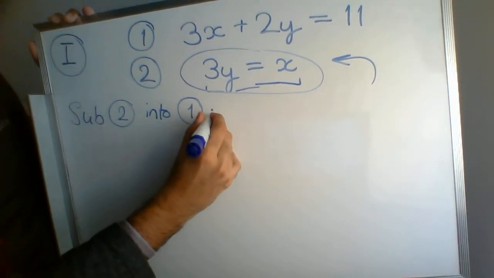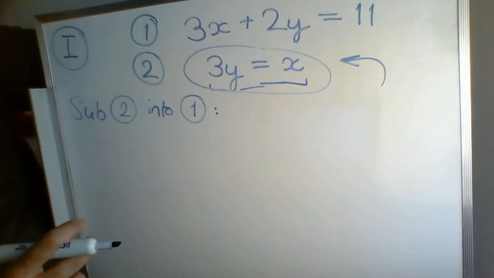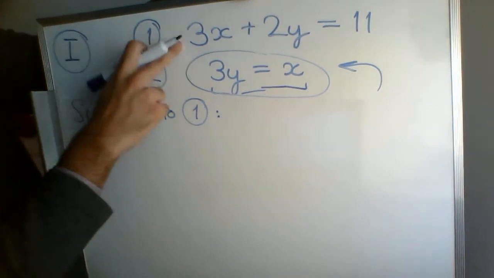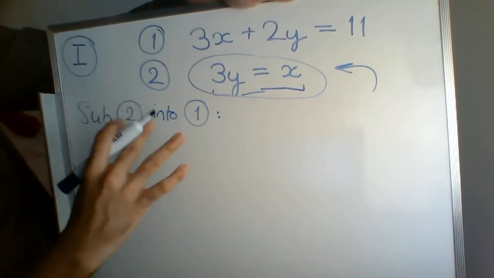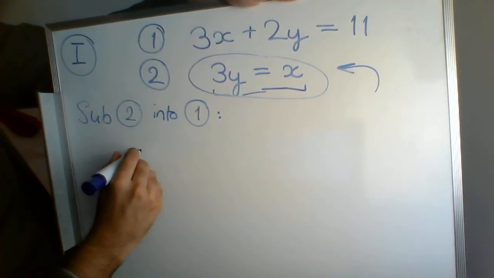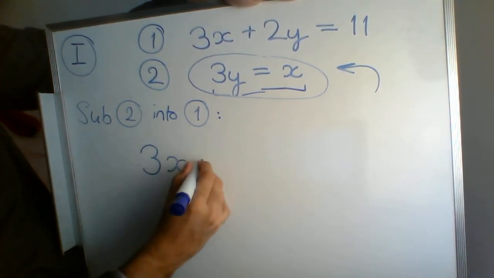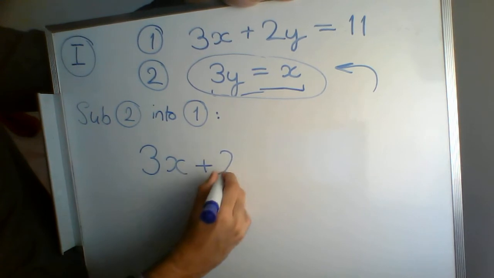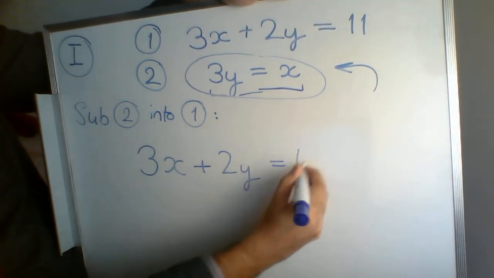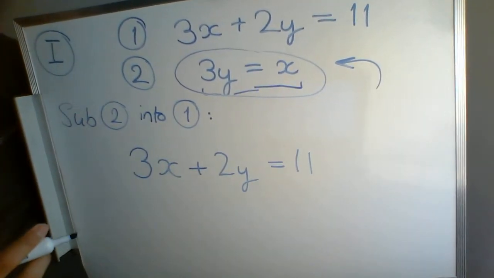And so what that's going to look like is basically we're going to rewrite equation 1, what we have up top here. So we've got our 3x plus 2y equals 11. So don't write this down just yet. So let's rewrite that equation to start with. So we've got 3x plus 2y equals 11, but that's just what we started with. We haven't subbed anything in yet.